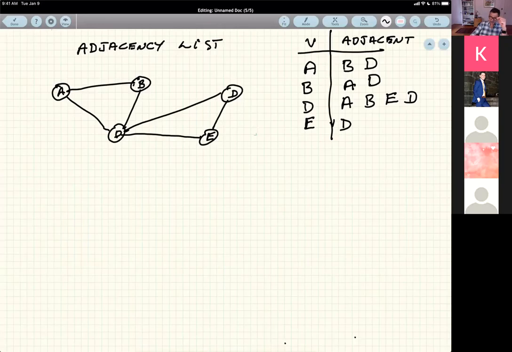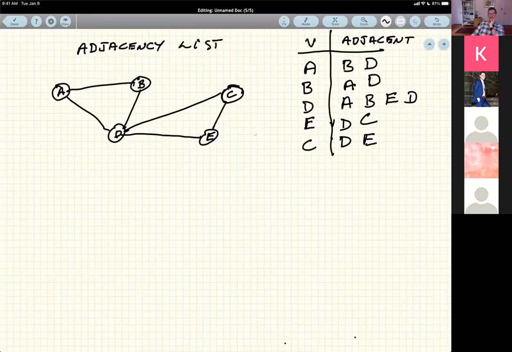No, this is vertex C over here, sorry. Okay, this is vertex C. Vertex E is adjacent to D and C, and vertex C is adjacent to D and E. So this would be the adjacency list for this particular graph.